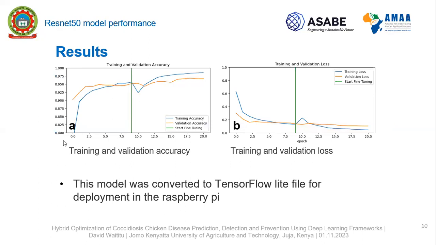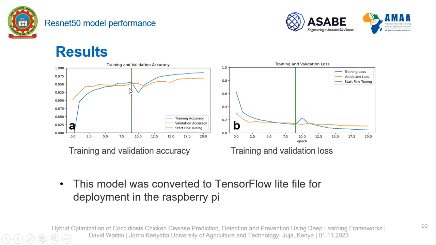And these are the training graphs of accuracy, validation and the loss. And the green line is the fine-tuning. Fine-tuning is where you unfreeze the model. As I told you, it's a transfer learning approach. In transfer learning, in the first phase you freeze the base model, but in case the accuracy is not as high as needed, you have the option of unfreezing and training the model as a whole, and that's called fine-tuning.